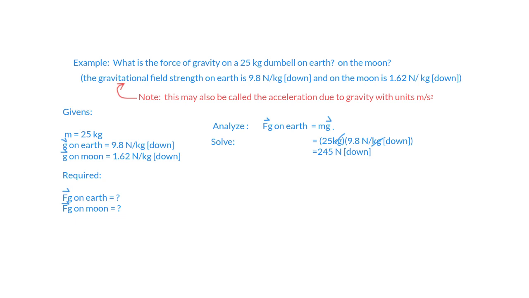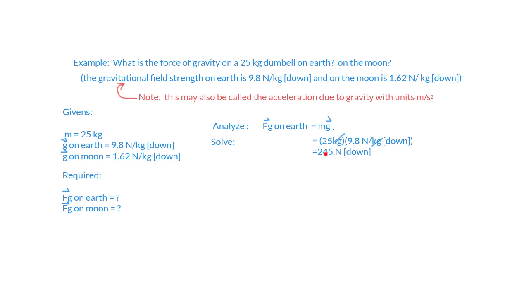And I'm almost done. One thing that I am going to do is just check my rounding here. So I want to look at what I start with and what my final answer is. And I see that I have 25 kilograms, 9.8. So my final answer should have the same number of significant digits. These both have 2 digits. So I'm going to round this to 2.